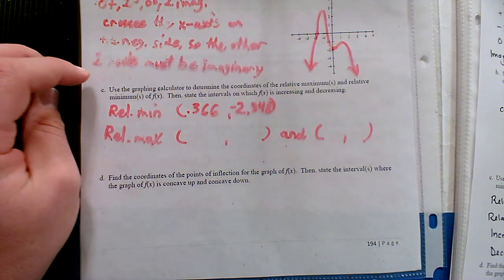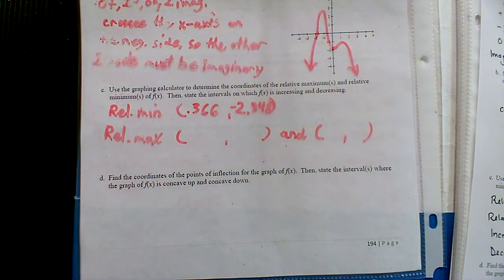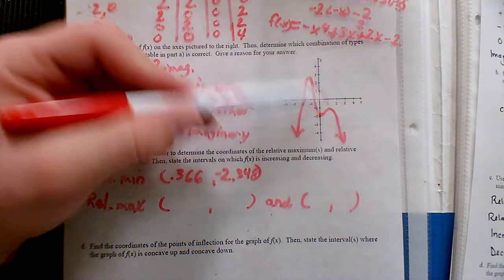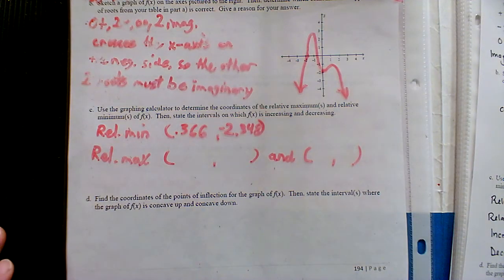How many relative maxes should we have? Yeah, we should have two. We should have a relative max here and there. So go ahead and find your two relative maxes. When you have one, let me know what you get.